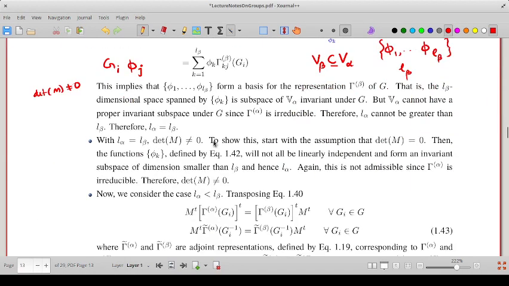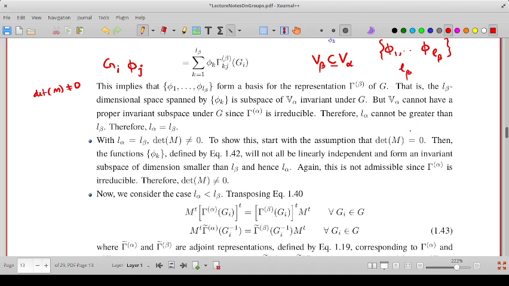So this would directly result in phi j spanning a proper subspace of V alpha, which is invariant under the group action. But that is not possible because gamma alpha is an irreducible representation. So the condition that we started with cannot hold. That means the determinant of M cannot be equal to 0.